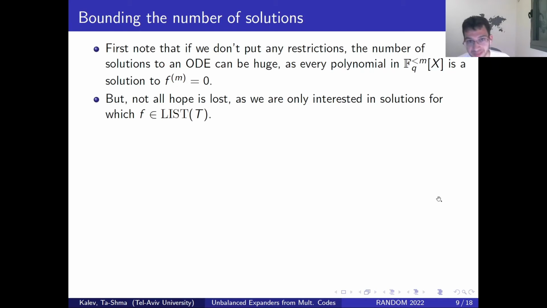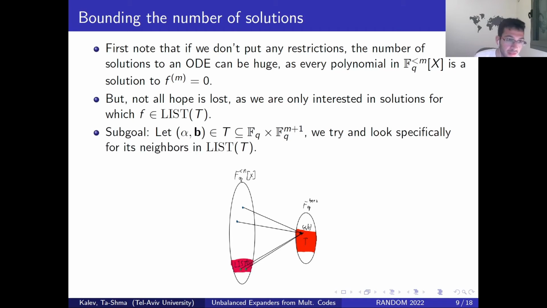But not all hope is lost, as we are only interested in solutions which appear in the list of T. Now, it may seem like we went a full circle and returned to our initial conditions, but this is not exactly the case, because we do have the new ODE that we didn't have before, and we will now see how to use it.